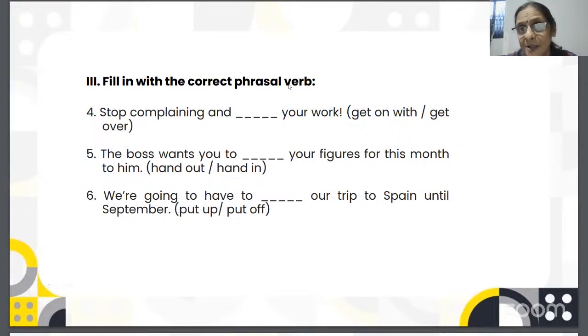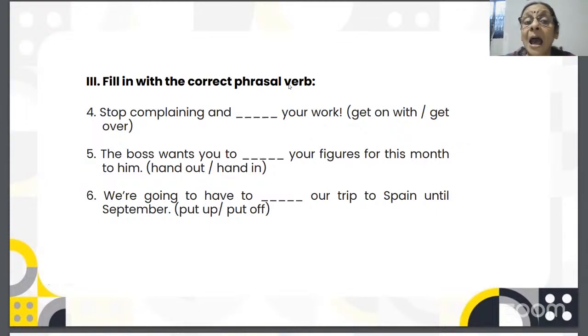Someone wants you to do some work, and you are submitting those figures or that work to your boss, and that is hand in.